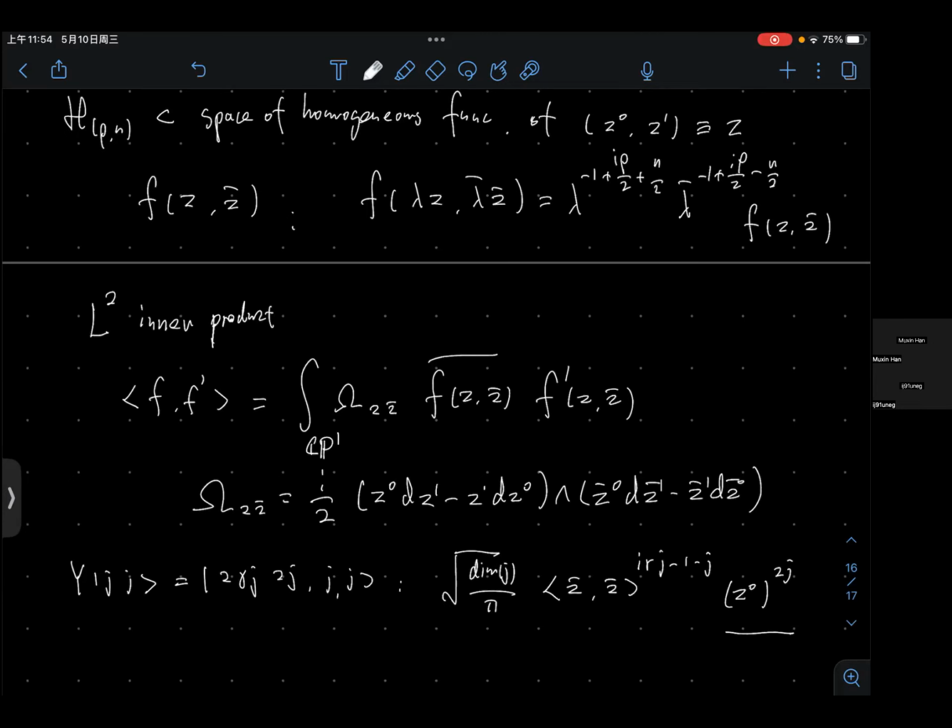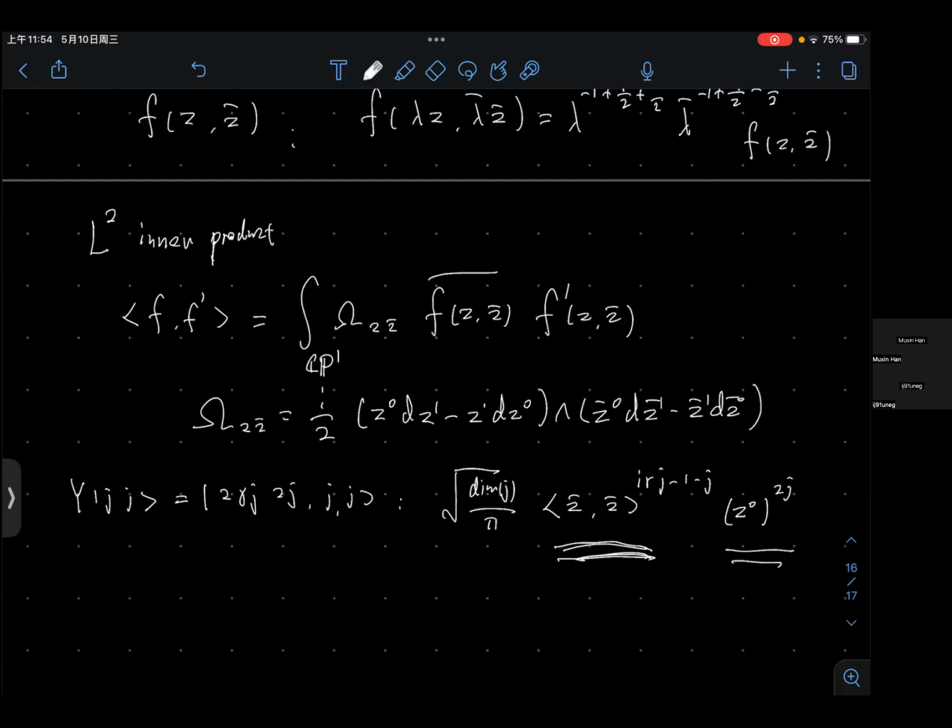And now for the SL2C representation, it is only homogeneous functions, but not holomorphic. But you see, to make up the scaling, you just multiply the SU2 part by a part of the norm of that bar with a certain scaling property. This factor just gives you the right scaling property.